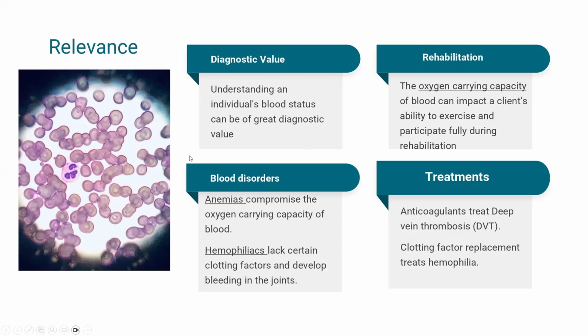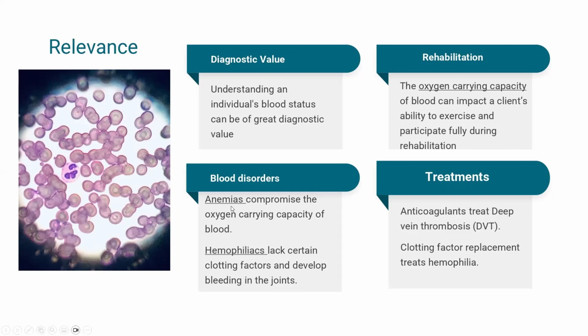Blood disorders and rehabilitation: the oxygen carrying capacity of blood can impact a client's ability to exercise and participate fully during rehabilitation. If the patient's oxygen saturation or partial pressure of oxygen in arterial blood is low, the patient might feel fatigued, might feel dizzy, and might not be able to participate in exercise with full capacity.